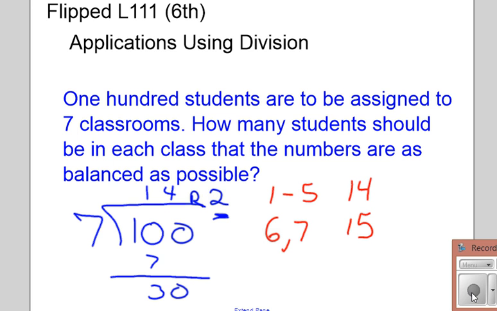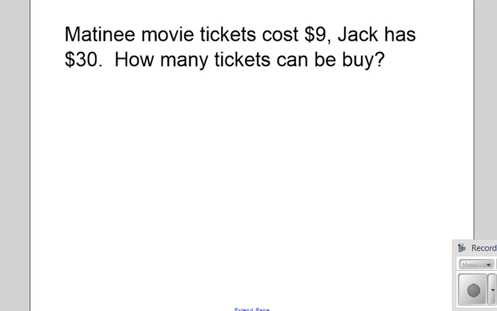By dividing it up that way, we take the remainder, and our answer comes away with solid whole numbers, not just about 14 students per classroom. While about 14 is a true statement, in this problem we really want actual numbers. We want to know what's going to happen to that last student. So sometimes division works that way, dealing with that remainder.